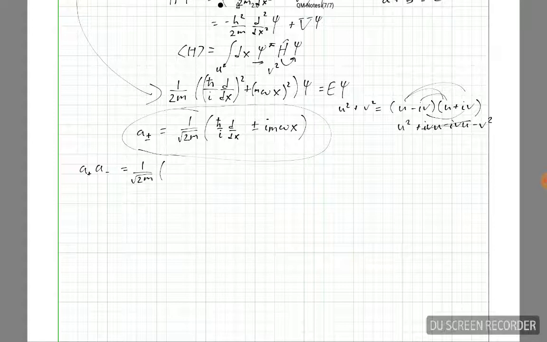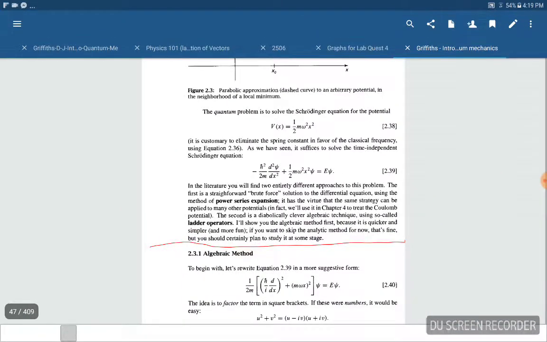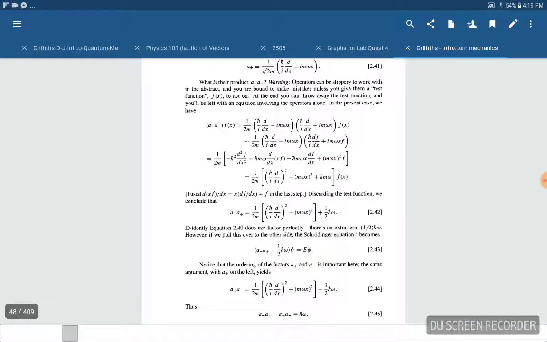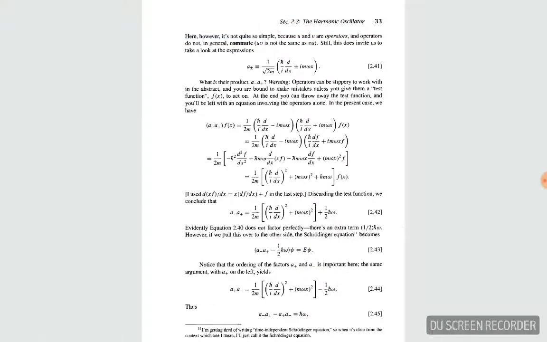So I have 1 over square root 2m times h bar over i d/dx plus, I did plus first, i m omega times x, and then that's going to be multiplied by 1 over square root of 2m times h bar over i d/dx minus i m omega x. Make sure I copied that down right. Yep, looks like I didn't miss anything, so good.